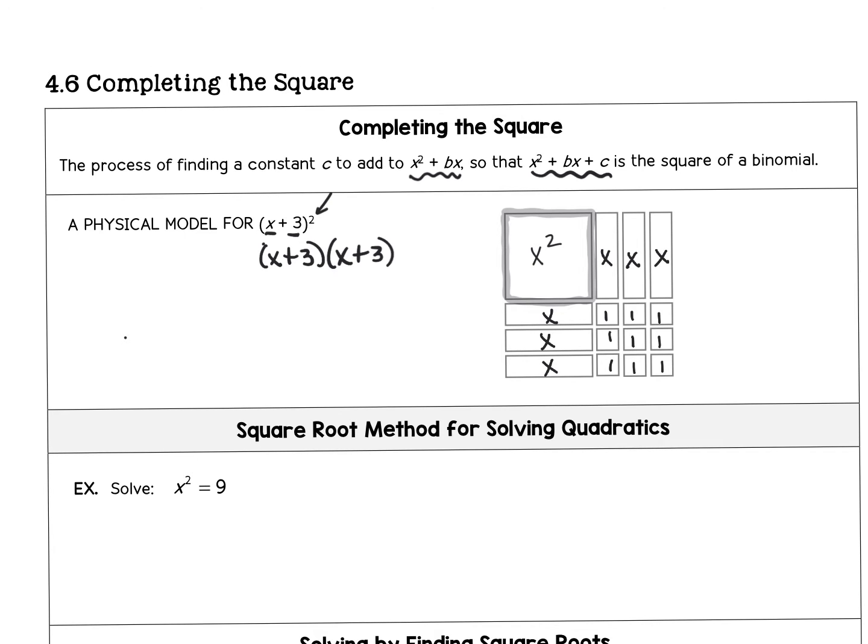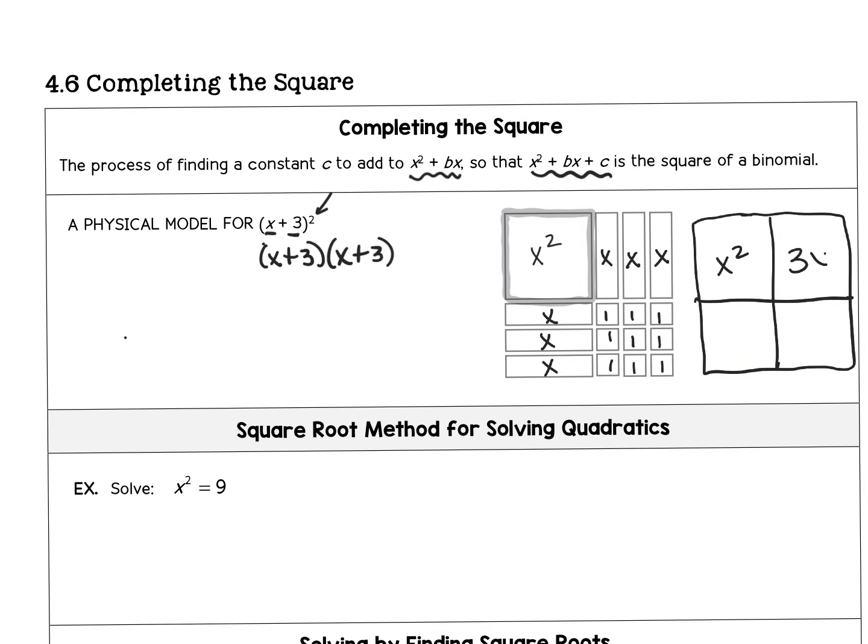So what we really have with these algebra tiles is x squared. We have 3x in the top corner, 3x in the bottom corner, and 9 in the bottom right-hand corner.